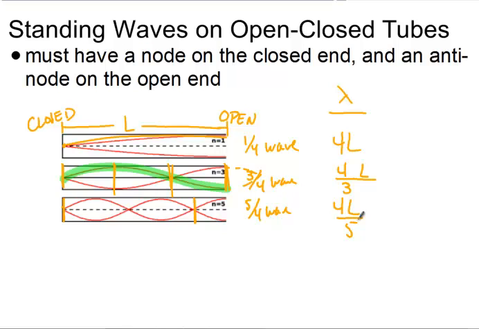It's because that node to antinode pattern is not the same as an antinode to antinode pattern or a node to node pattern. So the general form of this one is that lambda equals 4L over N, where N is the harmonic number.